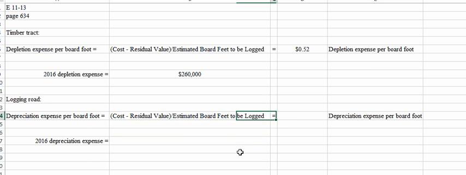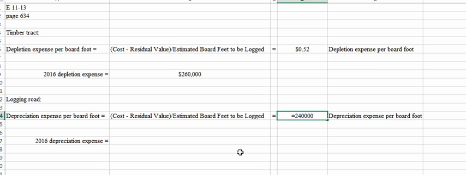So first we want to calculate our depreciation expense per board foot. Well, that's equal to our cost, which was the cost of the road. Let's see, how much was it? The cost of the roads, which have no residual value and no alternative use after the tract is cleared, is $240,000.